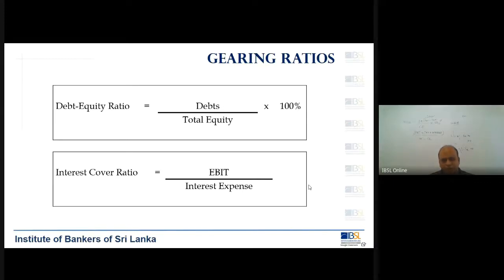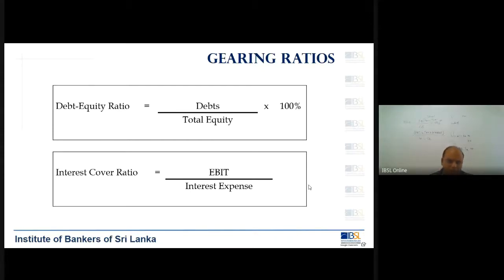So what do you mean by debt? A company which might have borrowed from the bank in the form of a loan, maybe overdraft, whatever it could be, that is called your debt. The total equity means your capital and reserves. Now, with this debt equity ratio you are trying to build up a relationship between the borrowings that you have in your business and the equity.